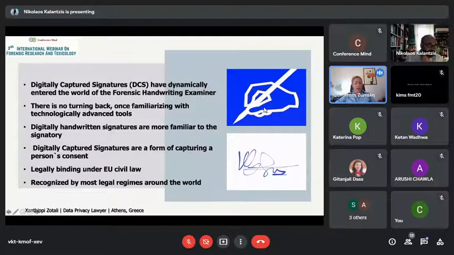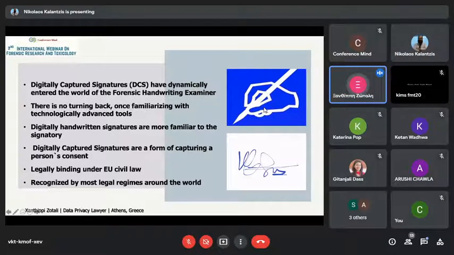And since they are technologically advanced tools, the fact that they produce biometric data should not scare us just because the law, not just in the European Union, but in other parts of the world too, is very strict on how we use and process the biometric data extracted from those kind of signatures.